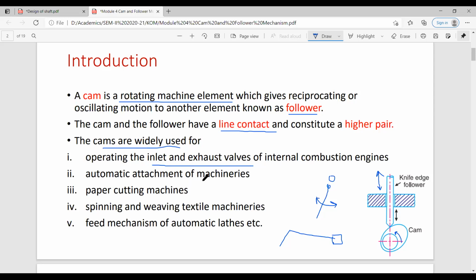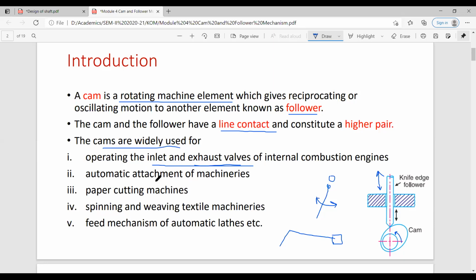It will burn and be converted into gases, and to force those gases out of the cylinder, you need exhaust valves in the engine. To operate these valves, meaning to open and close the inlet and exhaust valves, we use the cam and follower mechanism. One video of the same is also available with me, which I will share with you.